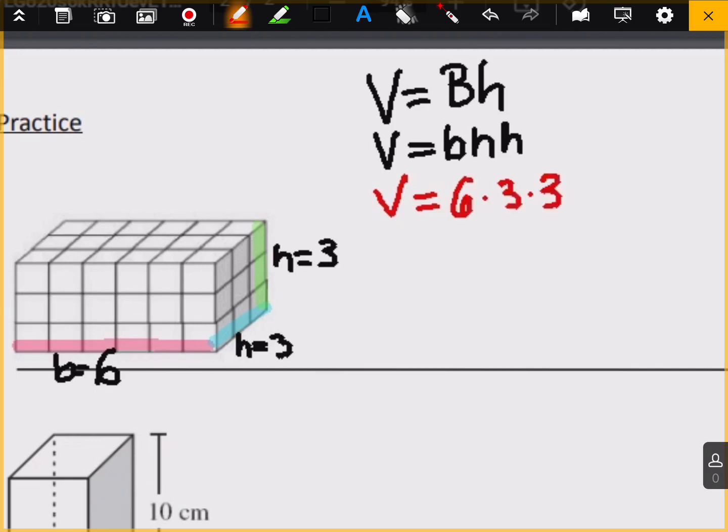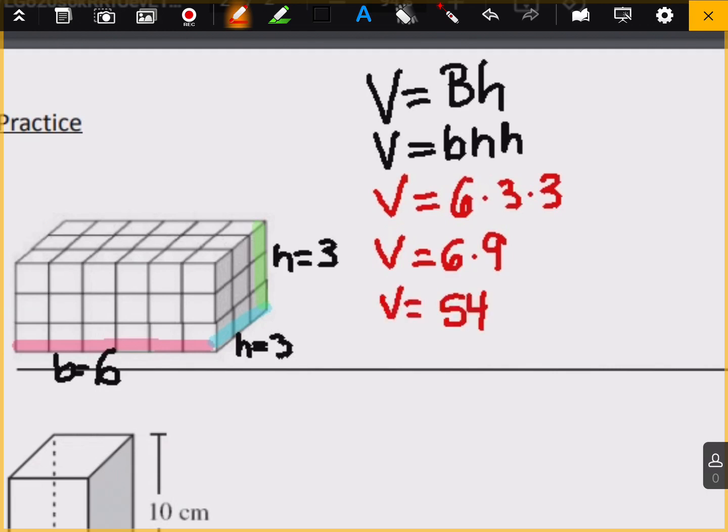It doesn't matter what order you go in to multiply, just know that you can multiply either way. I'm going to do 3 times 3 first, which is 9. And then 6 times 9 is 54.